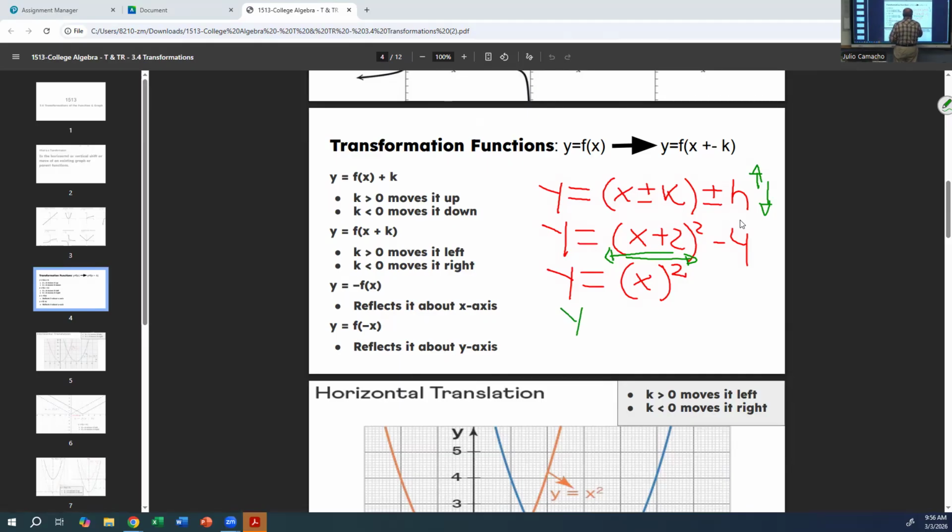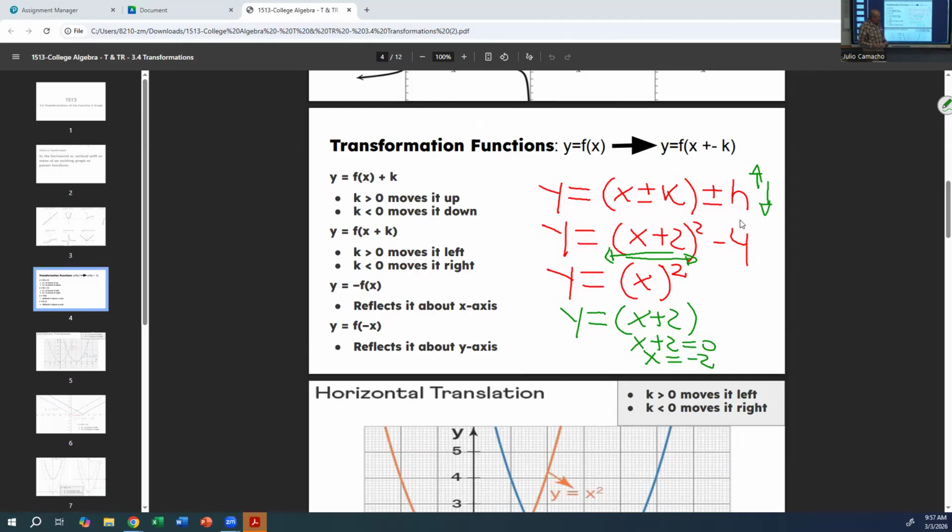How do I know if it went to the right or to the left? Well, if you have again y is equal to (x plus 2) squared, you need to set this to 0. x plus 2 is equal to 0, and if you subtract 2 from both sides, x is equal to negative 2. Then my question: on the x, y axis, where are the negative numbers, on the left or the right?